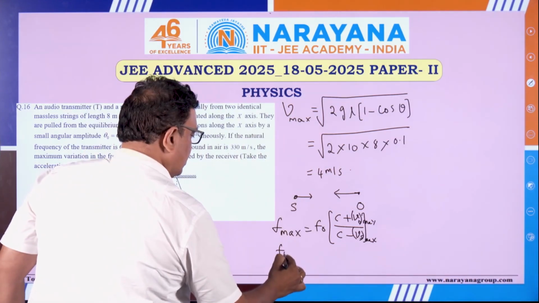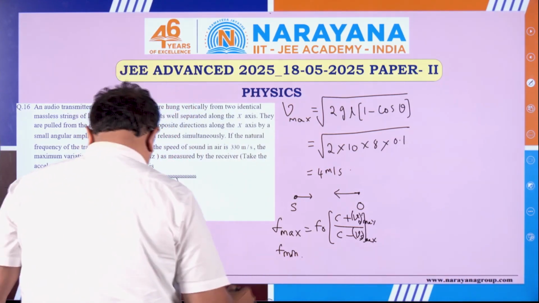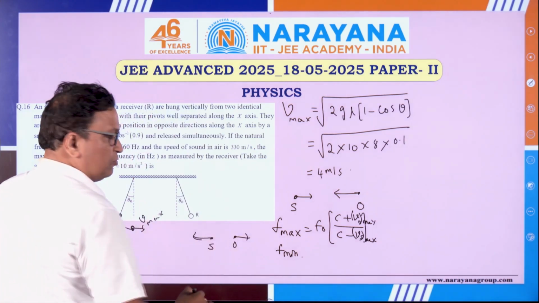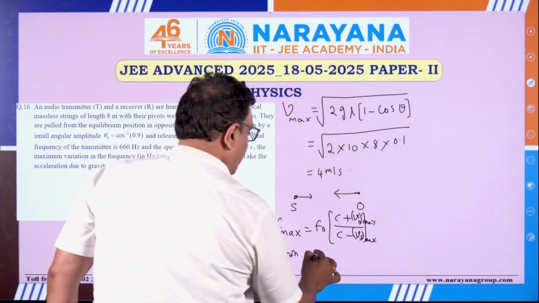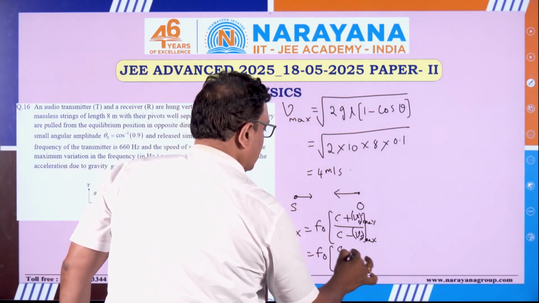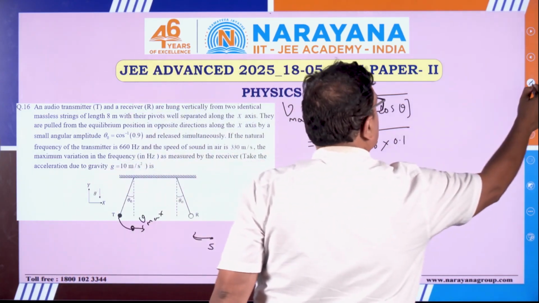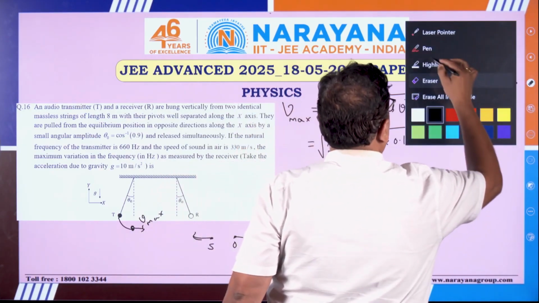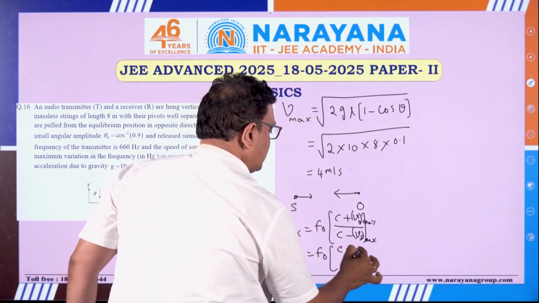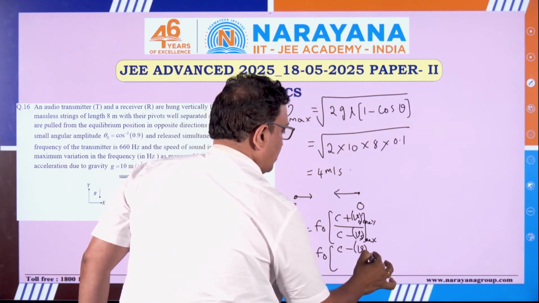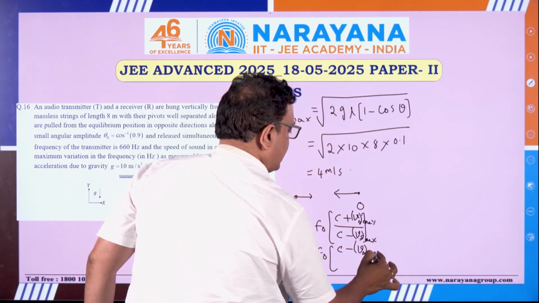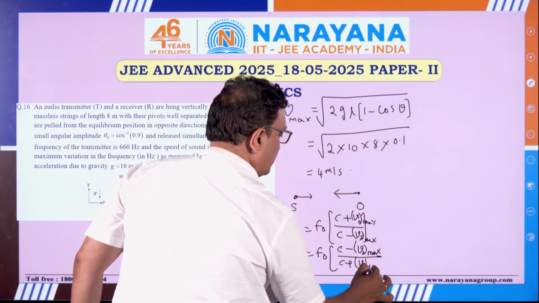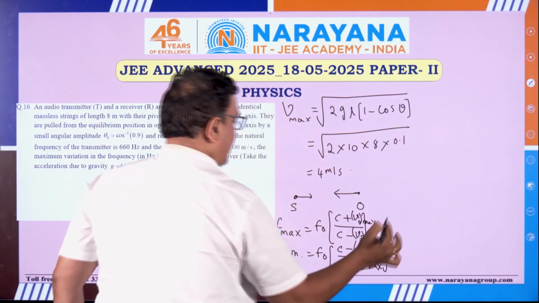Similarly, what is F minimum? F minimum is that condition where the source moves away like this. So therefore, F minimum is F naught times C minus V observer max by C plus V source max.